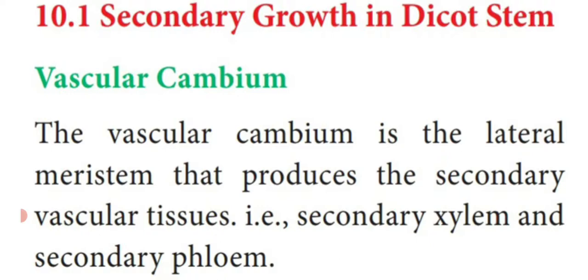Procambial tissue only produces xylem and phloem, known as primary xylem and primary phloem. But this vascular cambium, which is the example of lateral meristem, produces secondary xylem and secondary phloem, collectively known as secondary vascular tissues.